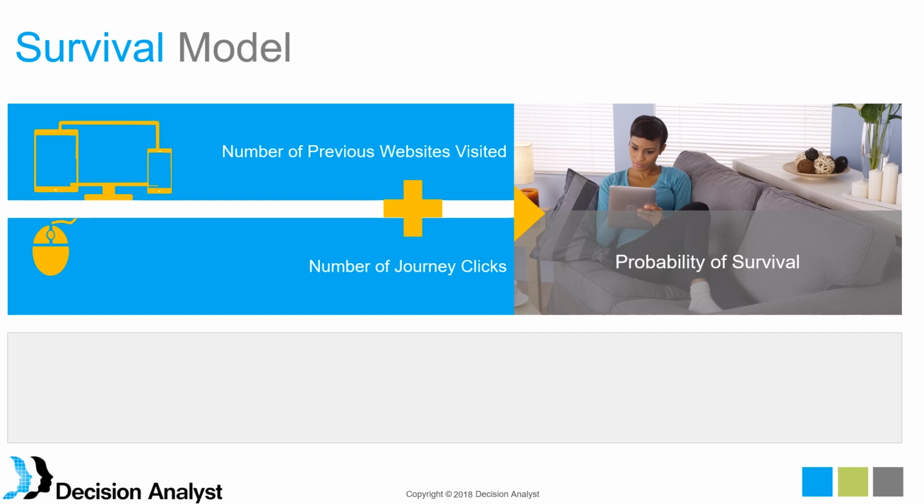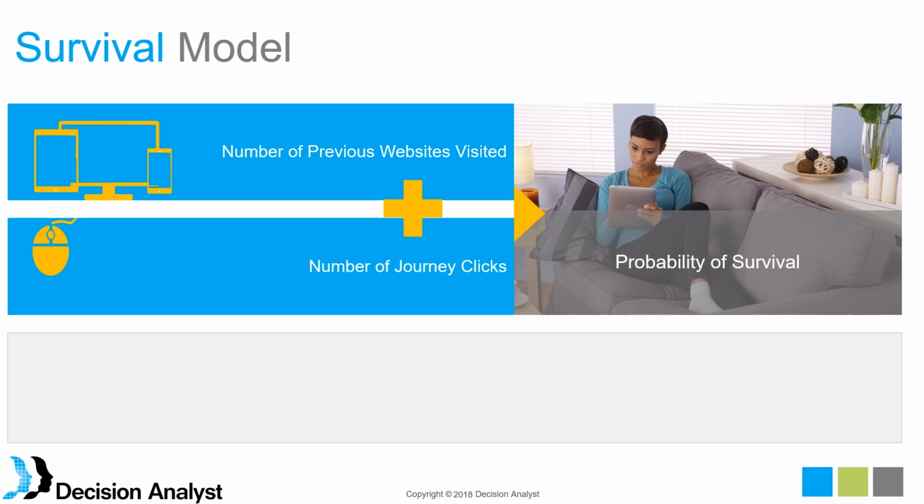In this case, we can use similar variables to what we use in the hidden Markov model, for example, the number of previous websites visited and the number of journey clicks, to predict the probability of survival. By survival, we mean surviving as a non-purchaser in this case. So a non-purchaser dies when the purchaser purchases. So it's surviving as a non-purchaser, and the opposite of that is being a purchaser.